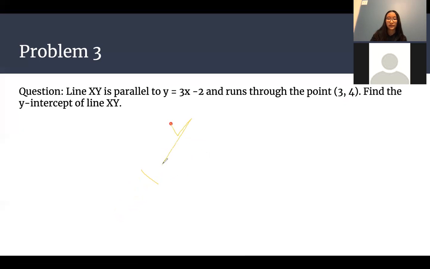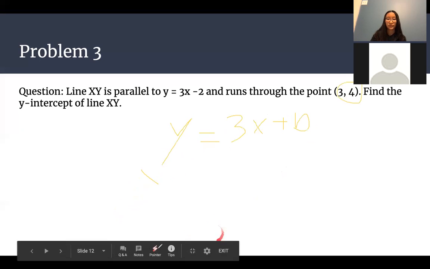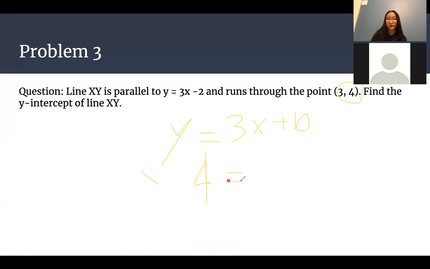So the equation of line XY so far, what we know is that y equals 3x plus b. And so you want to plug in this point here. So you plug in 4 where y is. 4 equals 3, and then you plug in 3 where x is. So this would be times 3 plus b.